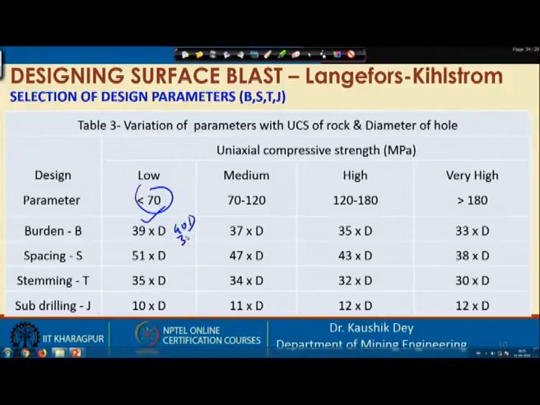You may decrease it to 38 D and observe the result, and based on that modification you have to see the other parameters. You have to change the other parameters also. In that way, n number of iterations may be carried out to finally achieve a final blast design for that particular mine.